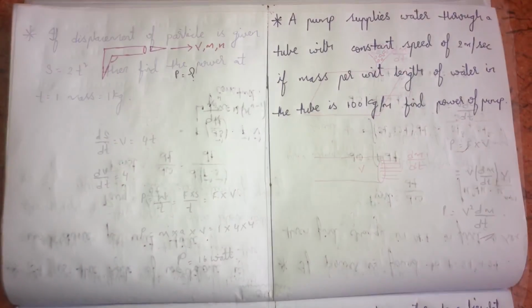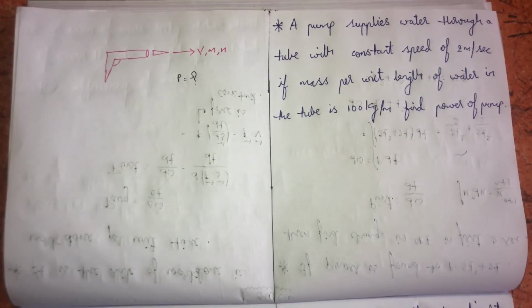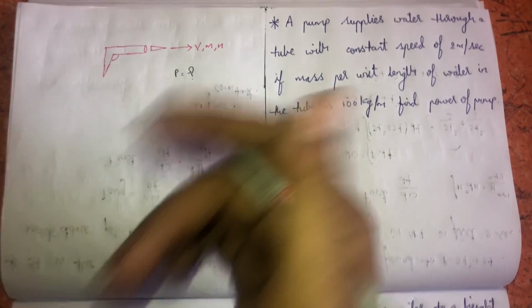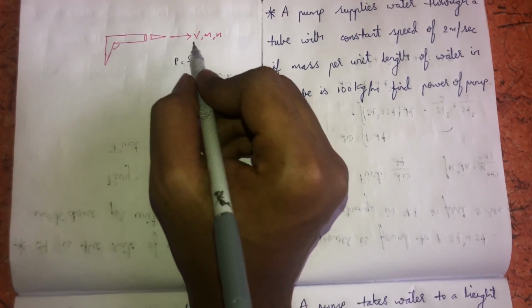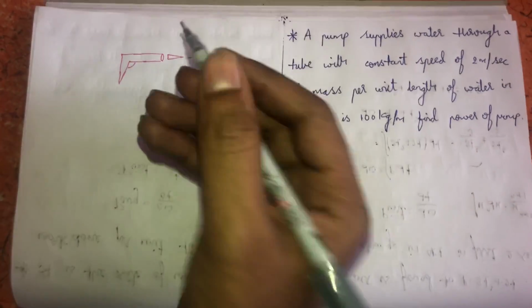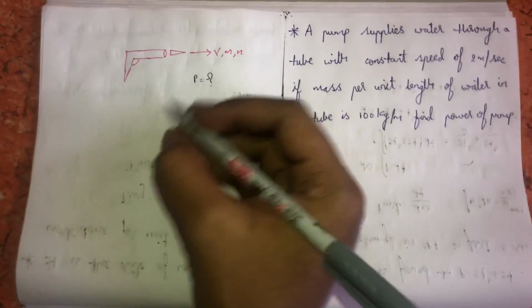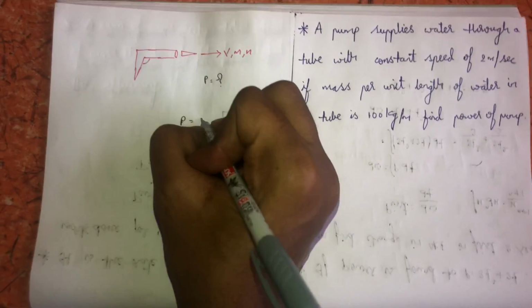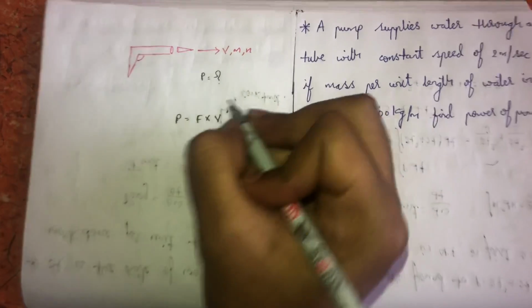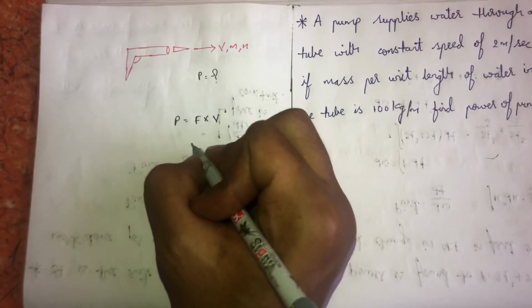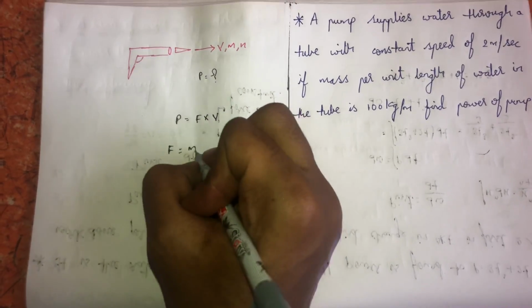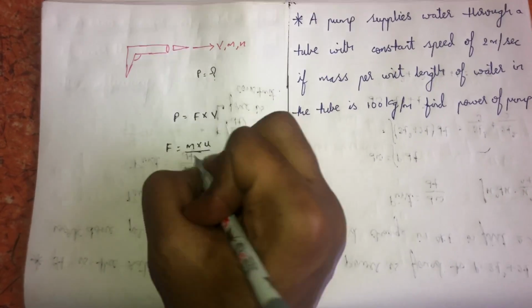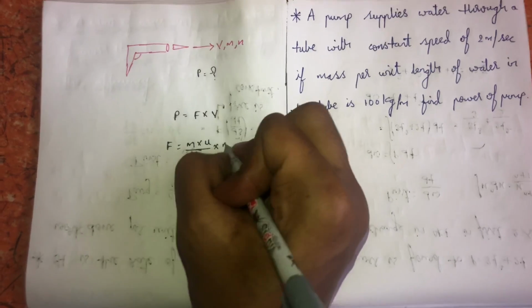Then finally we get power equal to V square times dm by dt, that is mass per unit time. That's it. Clear. Here in this condition they asked for the value of power if n number of bullets are shot from a gun with a velocity v and mass m. Then power will be equal to F into V. Then F is equal to m into u by t, where there are n number of bullets, so into n.